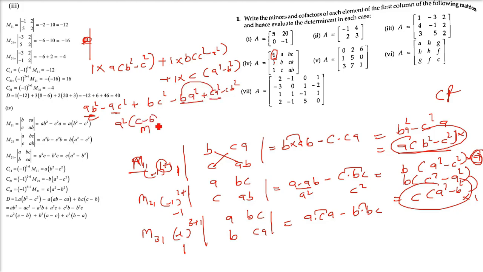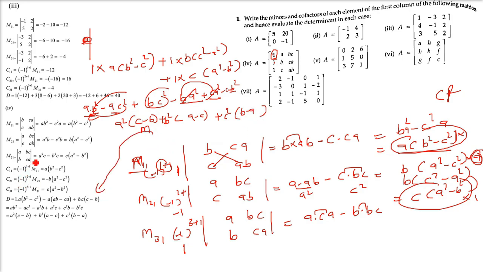Then you take b square common, and then you have a minus c here. So it will be b square times a minus c. Now c square, you will get c square b minus ac square, so c square times b minus a. So this is the final answer.